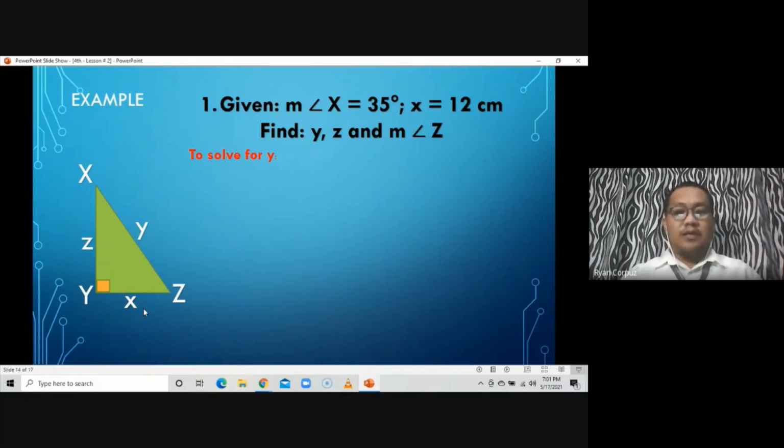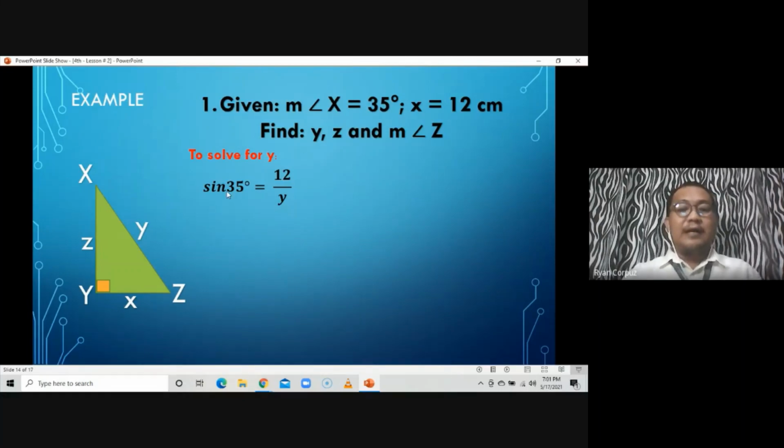Since given yung measure ng angle na 35 degrees, when you use trigonometric ratio sine, you will right away attach the measure of the angle. So, you will write sine 35 degrees is equal to opposite over hypotenuse, di ba? What's the measure of the opposite side? x is equal to 12. That's why 12 over the hypotenuse, y, which is what we are looking for.